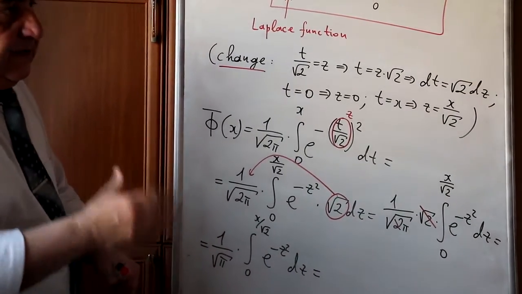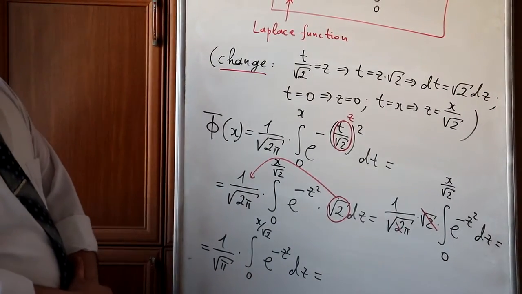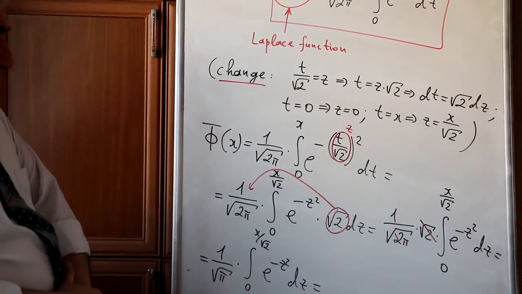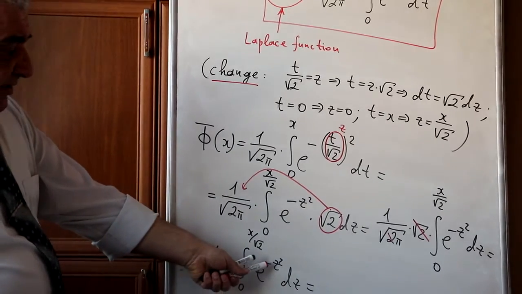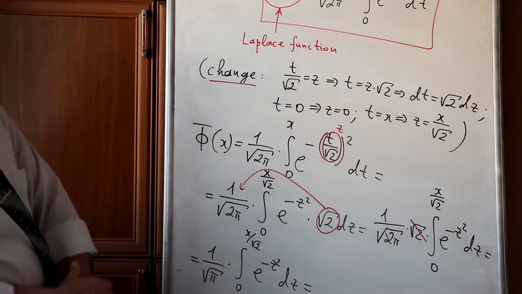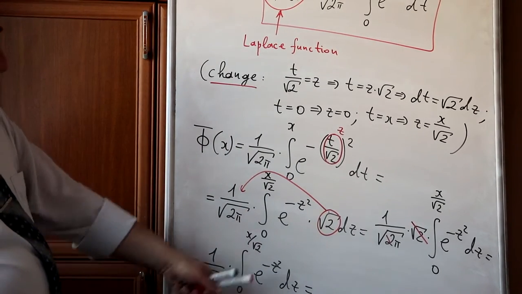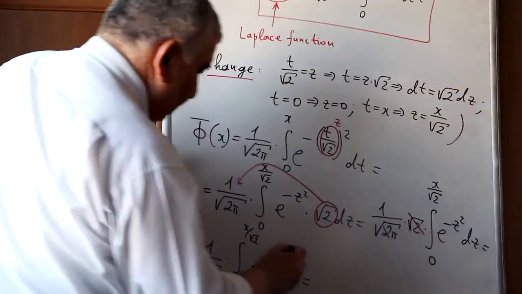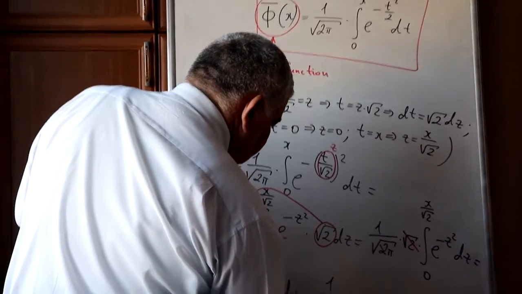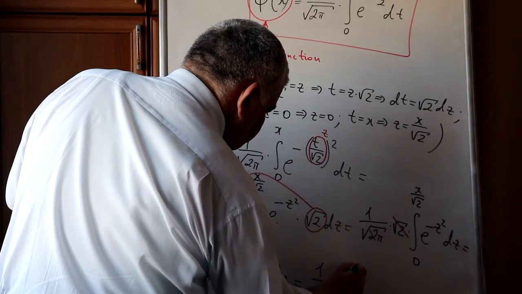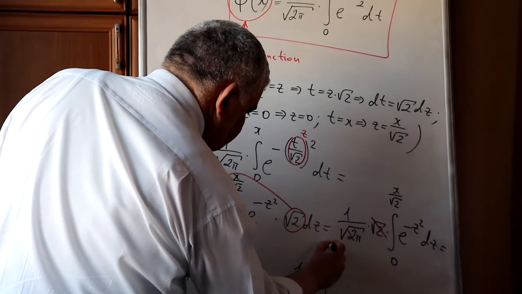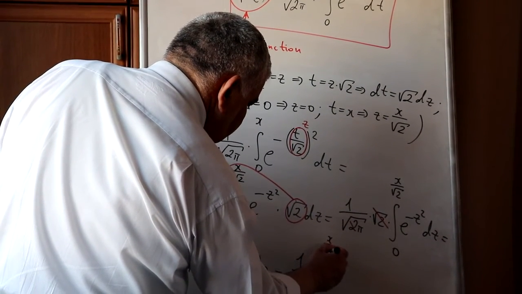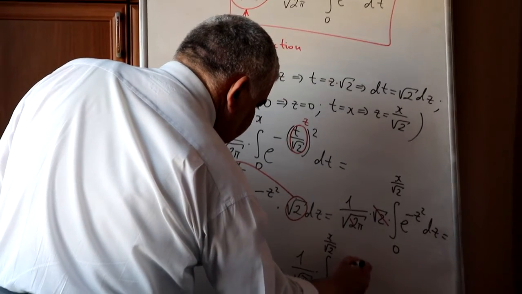Also you know that the value of the definite integral doesn't depend on the integral variable, and here we can change the integral variable z to the new variable t: 1 over square root of pi multiplied by the integral from 0 to x over square root of 2 of e to the minus t squared dt.